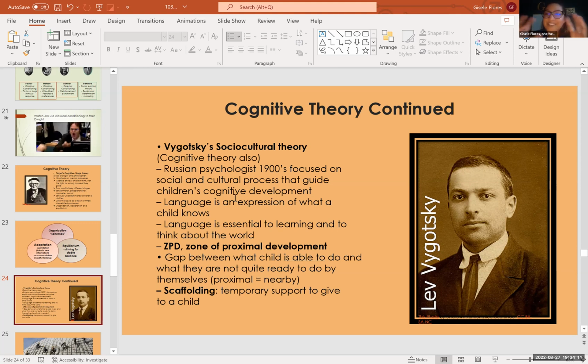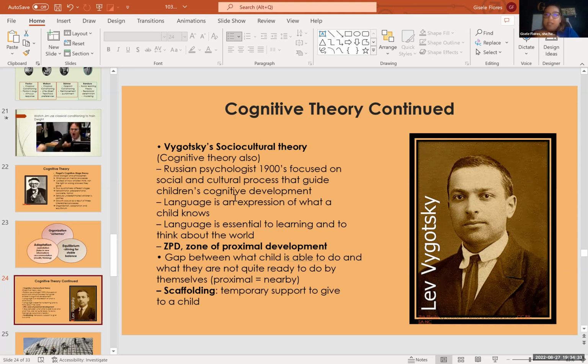A couple of phrases that you're going to hear pretty often in the child development field are the zone of proximal development and scaffolding. The zone of proximal development is where Vygotsky says is the stage at which a child can, between the stages of where a child can do something independently and where they need a lot of support.